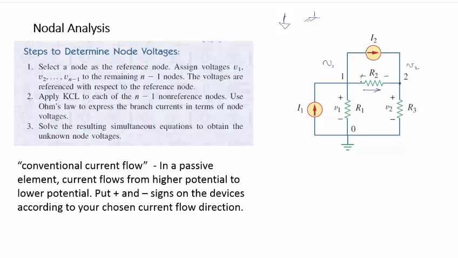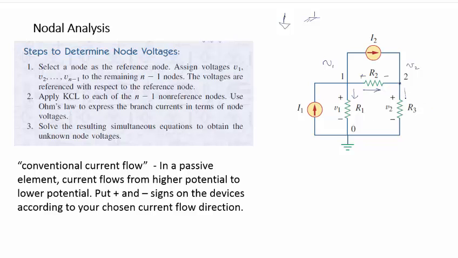So make some decisions. Now, I'm pretty sure voltage at 1 is higher than voltage at 2, although it could be lower. I'm going to make an assignment of current flow. I'm going to put plus here, minus here. So when current goes into the resistor, there's a plus sign, and then the other side will be a minus sign.